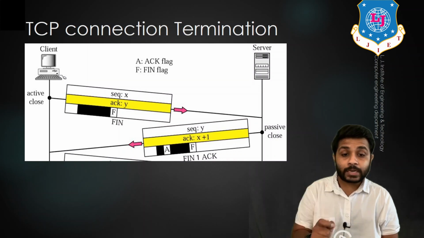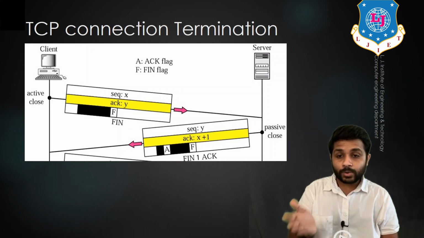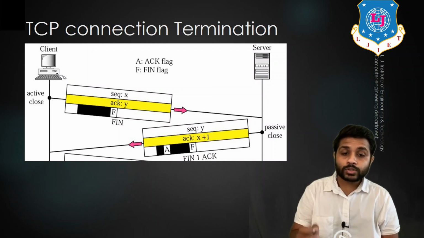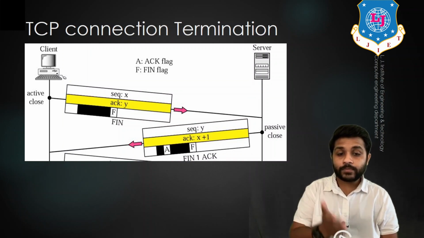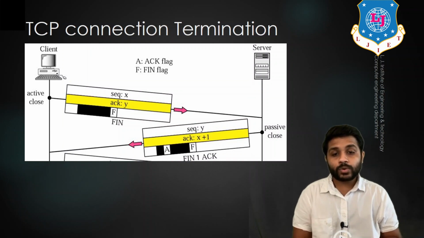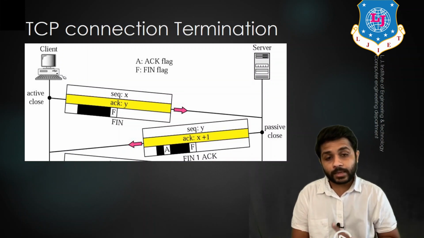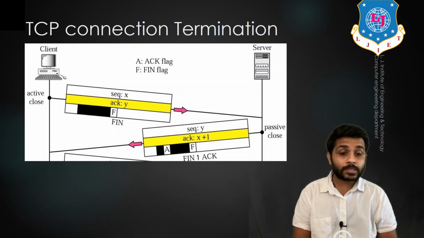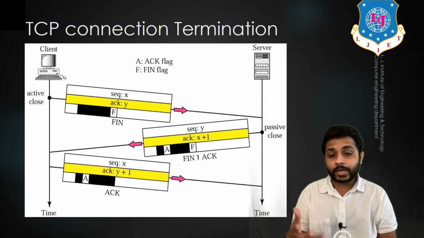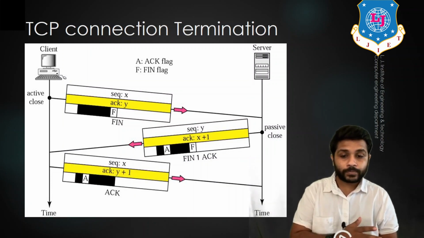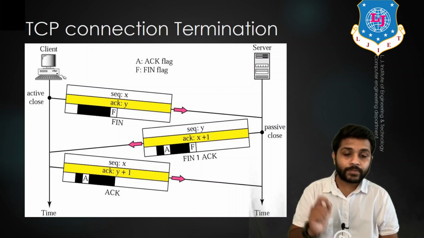And from the FIN, the client will understand that the server is also interested in closing the connection. That is why the FIN flag is 1. So the request sent by the client is FIN, and the reply given by the server is FIN plus ACK. To that FIN plus ACK, the client will reply with an acknowledgement, and the value of the ACK flag will be 1.